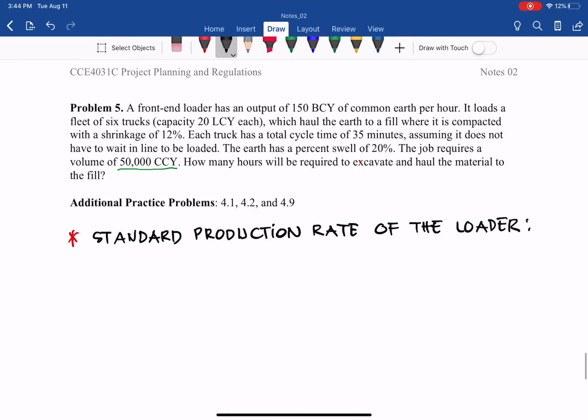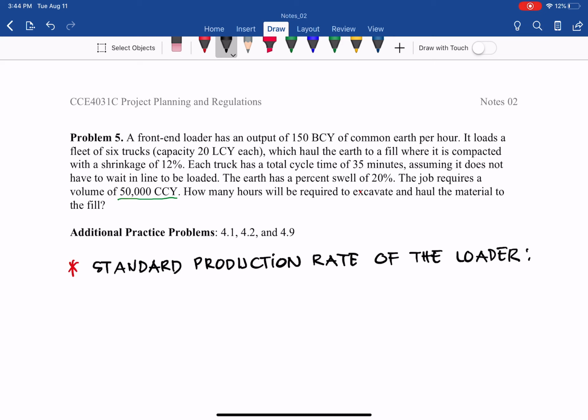They already give us 150 BCY per hour. So we can write the equation, R, and in this case the loader, I call it RL, equals, as already given, 150 bank cubic yards per hour.